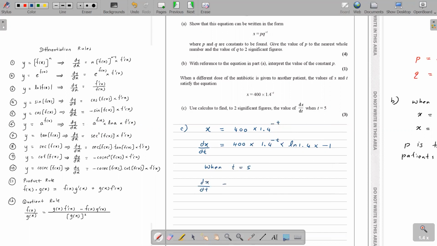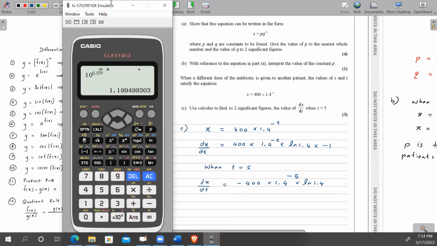So dx by dt, let me rearrange, is 400 into minus 3 is minus 1200 into 1.4 to the power minus 3 times 5, times ln 1.4. Type the whole thing in the calculator and tell me the answer to two significant figures. 1.4 to the power minus 15, into ln 1.4.